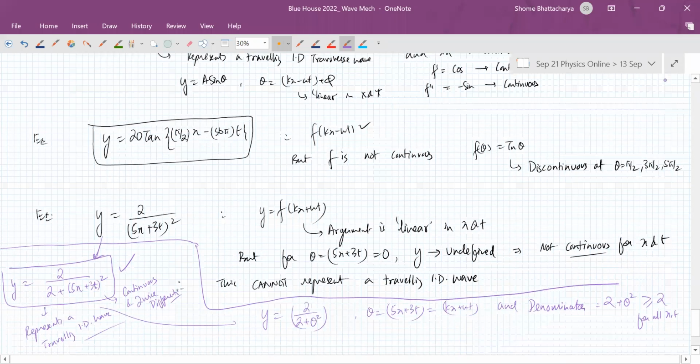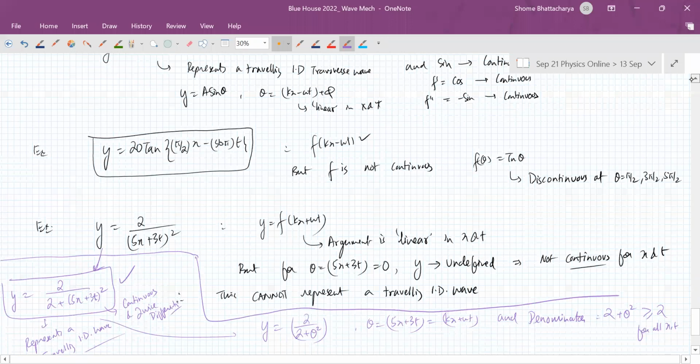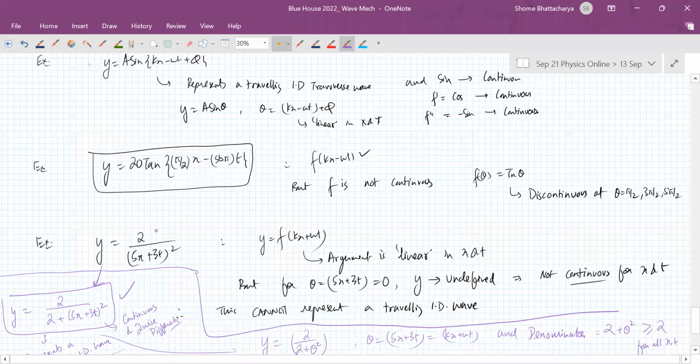So firstly, there are these type of questions which you might deal with at JEE Advanced level in particular, that some example functions are given to you and you are asked to select which one represents a traveling wave. So if I have one option like this, one option like this, and another option like this, that y is equal to 10 sine of pi x square minus 2 pi t.